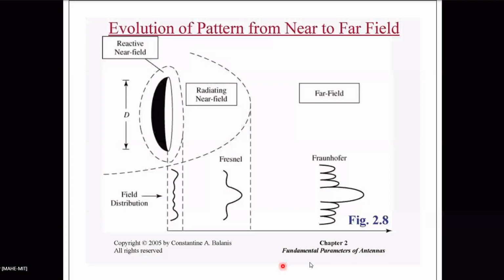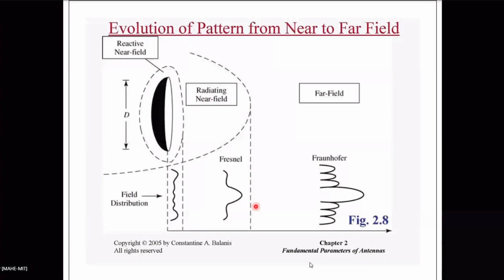Can you understand from this? D is the dimension of the antenna. Here the distance, he has divided into three regions. Reactive near field region, see, this part up to this distance. Between this and this is the Fresnel region, radiating near field.